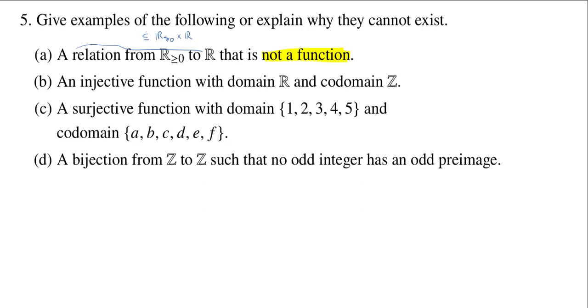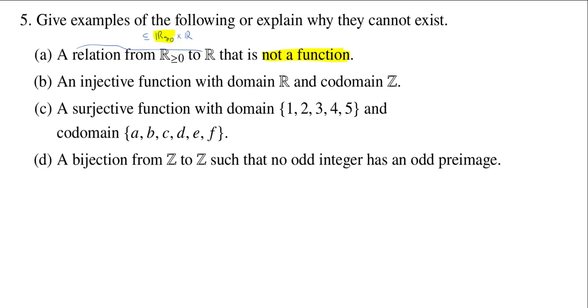Well, to be a function, you have to have the property that every element of the domain, remember the domain here is the leftmost term of the Cartesian product, has a unique image. An image means there's a corresponding element on the right-hand side.